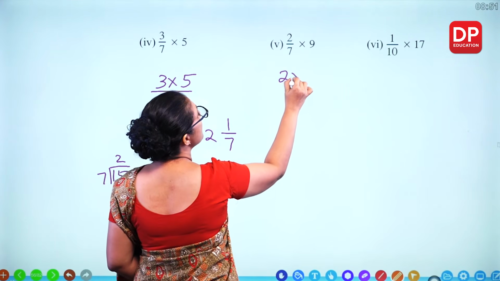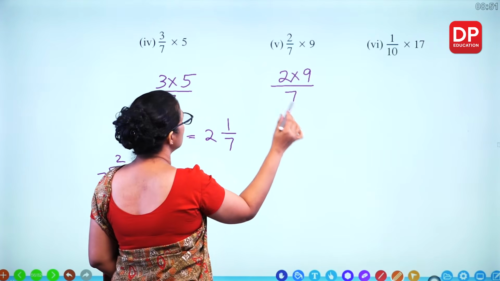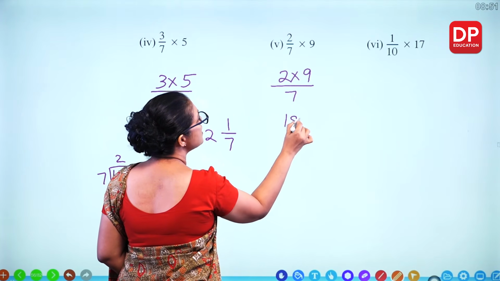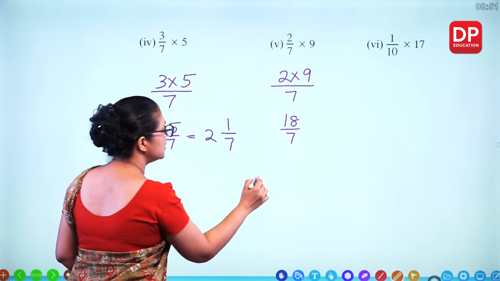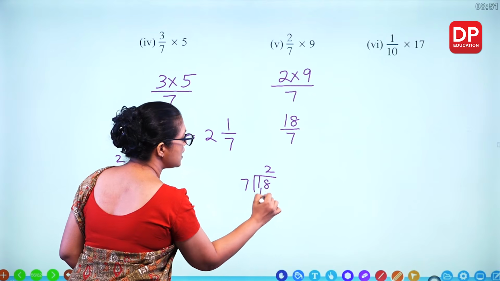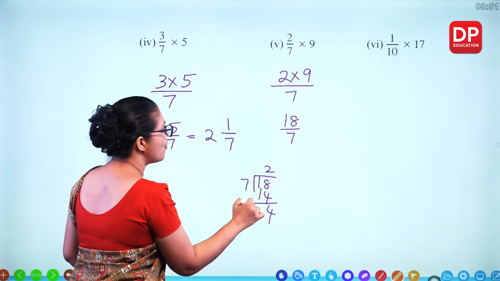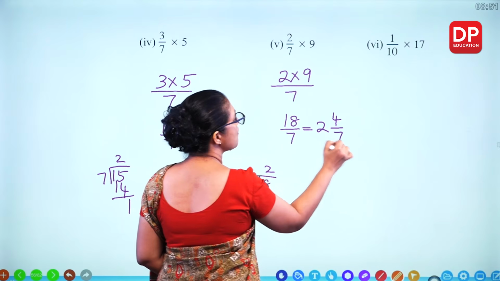This one, multiply the numerators. 2 times 9/7. So 9 times 2, 18/7. Convert to a mixed number. 18 divided by 7. 7 times 2, 14. And 4 remaining. 2 whole parts and 4/7.